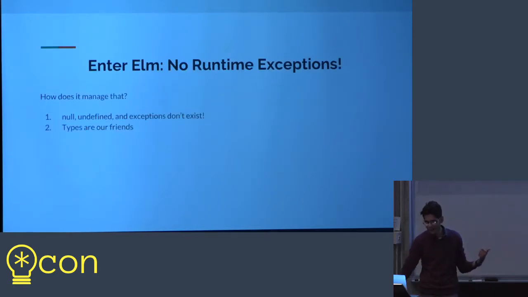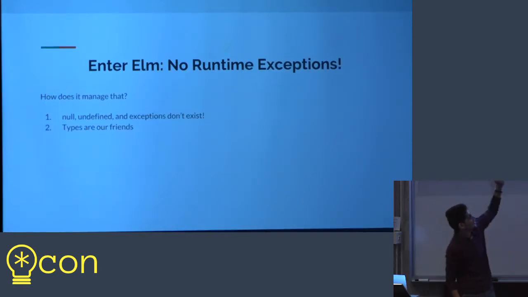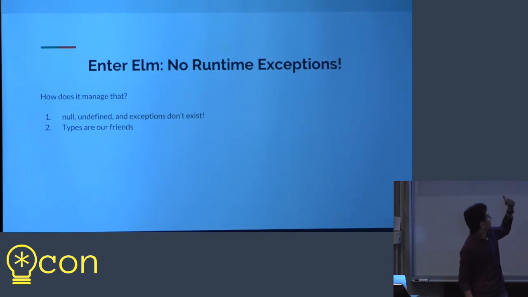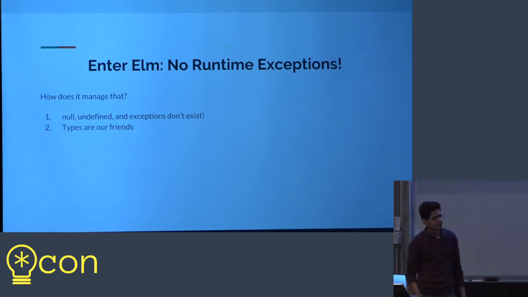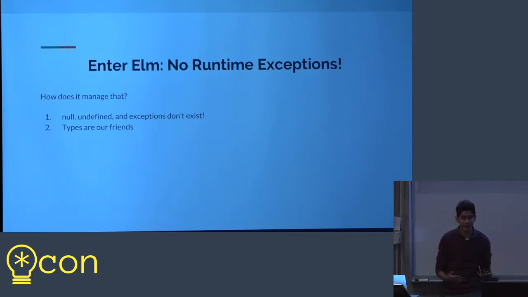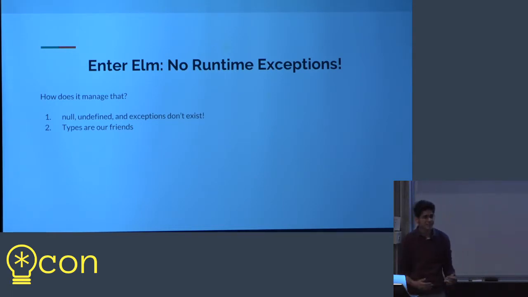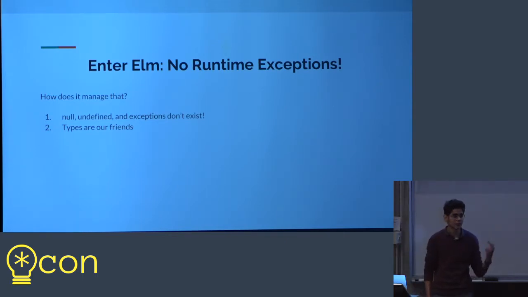So enter Elm. And this is the biggest selling point of Elm, that there are no runtime exceptions. Essentially, it's saying that your program will never crash. I think that's a beautiful idea. And yeah, personally, as someone who likes reliable software, that's great. But how does it manage that? Well, first of all, Elm does not have any concept of null, undefined, and exceptions.